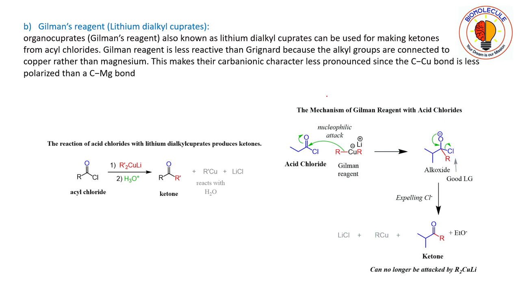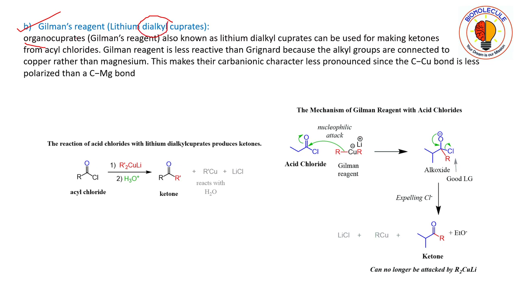Now we have used cadmium as reagent. Now we will use lithium dialkyl cuprates, also known as Gilman's reagent. This one is important for your NEET and JEE Main. Okay. So organocuprates. Why is it termed organo? Because this dialkyl part is organic.